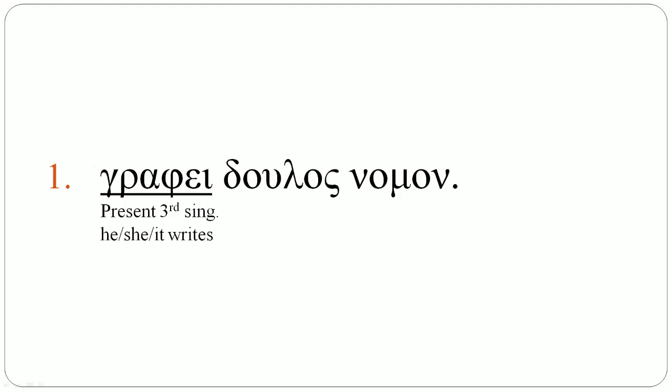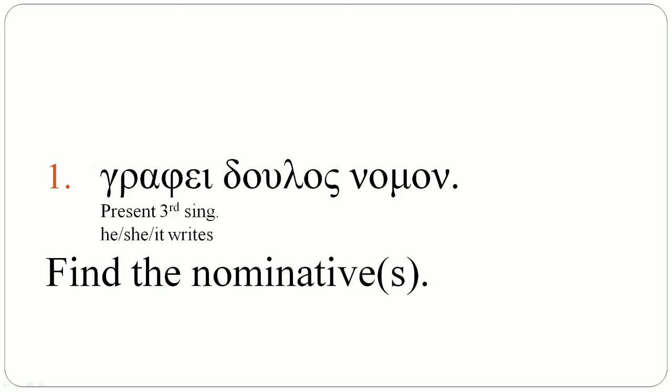Third person singular as a subject, he, she, or it. Graphe means "I write," and it's third person singular, so he, she, or it writes. Second step that I said, after you find all of the verbs, and we now have all of the verbs here, is to find the nominatives. Let's see if we can piece out a subject for that verb.